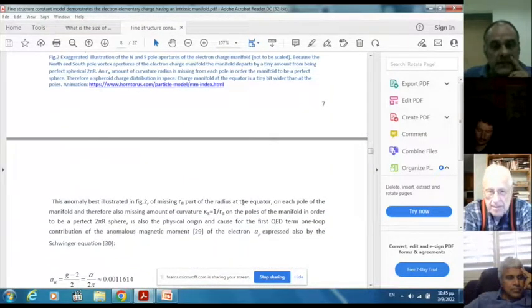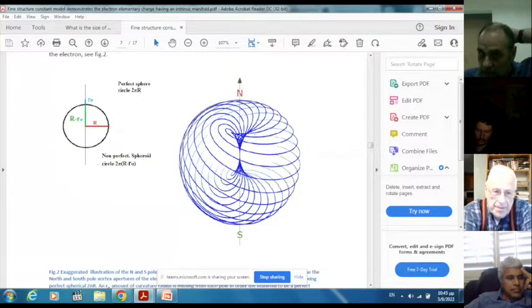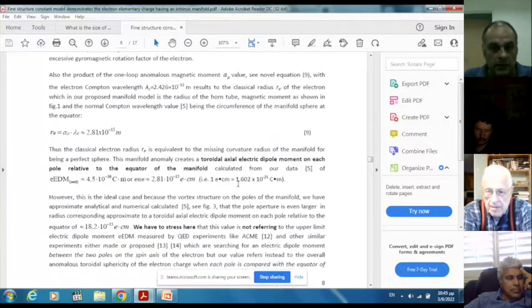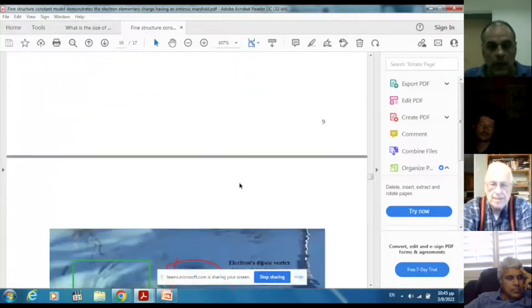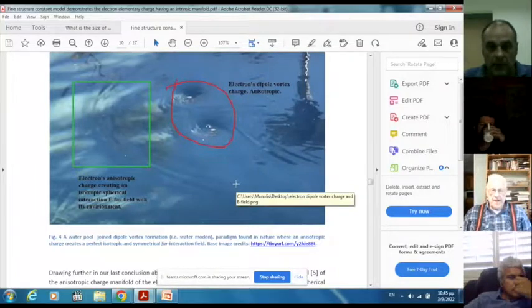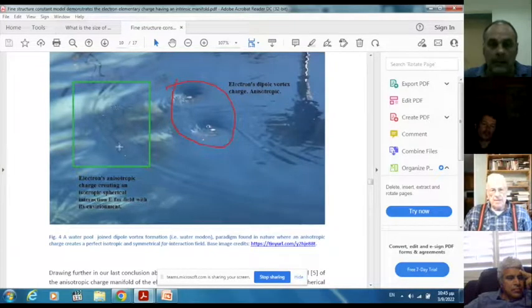So this creates the first loop contribution, this geometry defect here, the two vortices, the pole vortices, the two holes in the dipole vortex creating the anomalous magnetic moment. We also suggested there's another possibility: that we will never be able to measure any anomaly in the electric field, any anisotropy.